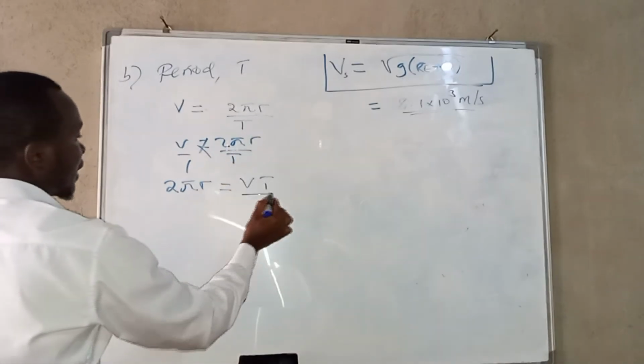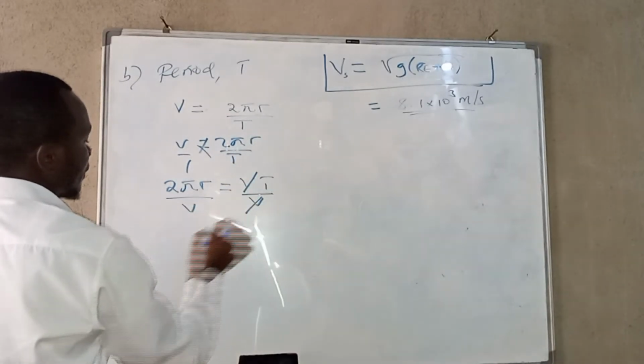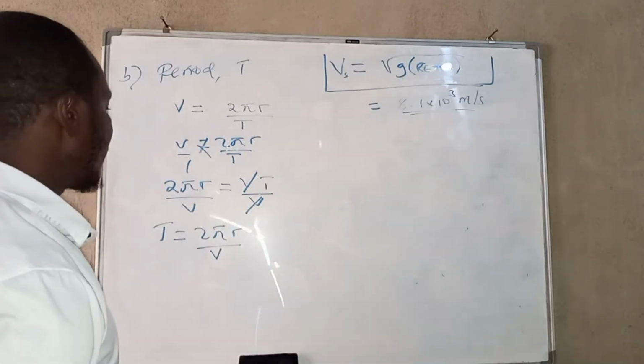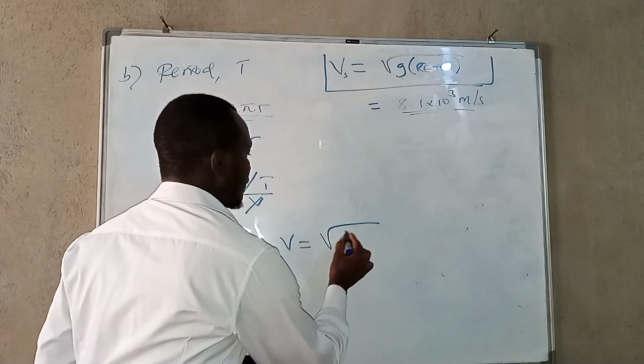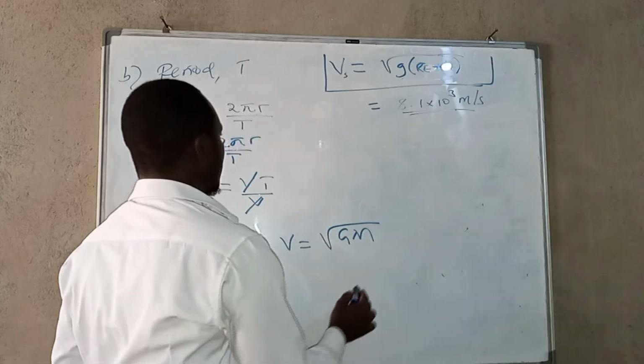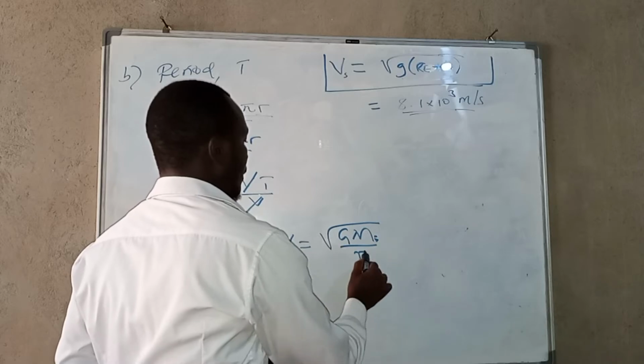Since we want T, we divide by v, so that this and this go, and we're going to have T. But it was found that v is the square root of GM, where M is the mass of the earth, over r.